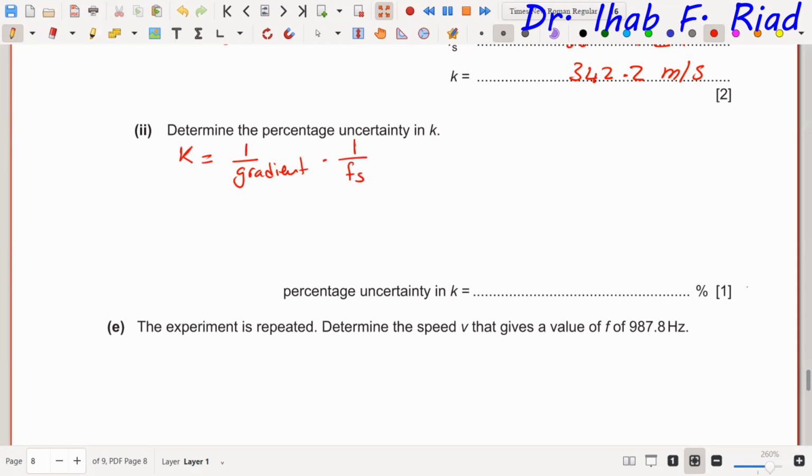Right? Yes. Okay, good. Do you remember when we say that delta K over K, when the function is 1 over A? What do we get? Delta gradient over gradient. Yes.